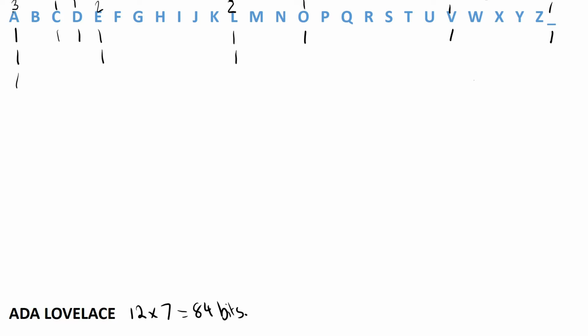So that's a high frequency one because that one's got 3. But C and D are low frequency because they only appear once each. So I'm going to put those first on my tree. So I'm going to go C, D, and their frequencies added together makes 2, because 1 add 1 is 2.